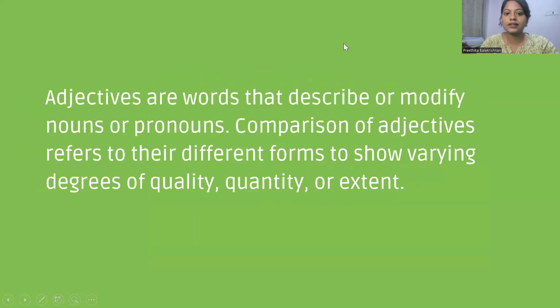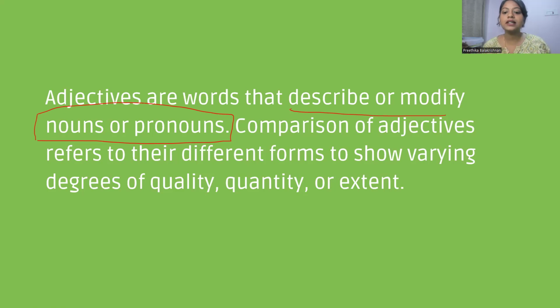So as I told you already, adjectives are the words that describe. It describes or modifies the noun and the pronoun. So when it comes to the total contradiction, it differs in the forms and it varies.